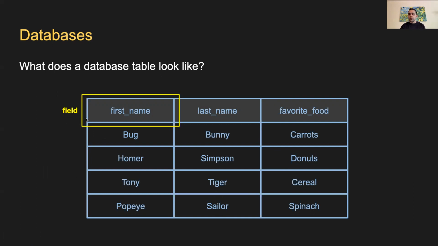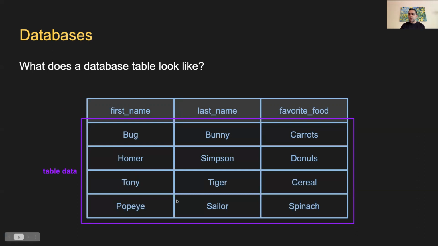A field is basically the values or attributes that you have for your data. In this case, first name would be one field, last name would be another field, and favorite food would be another field. The table data is actually the values, so the header is not part of the table data. It's part of the table structure, but the table data does not include the header. So the table data is just the values you've entered.